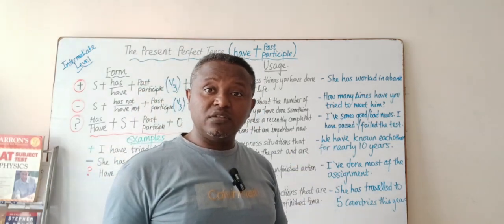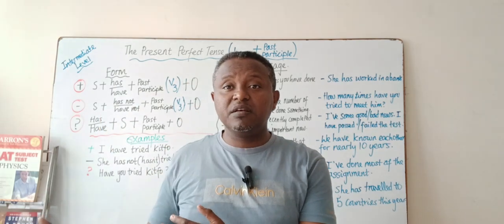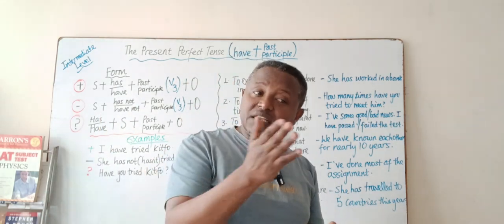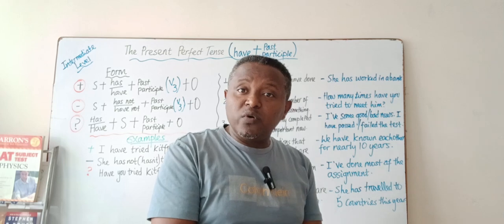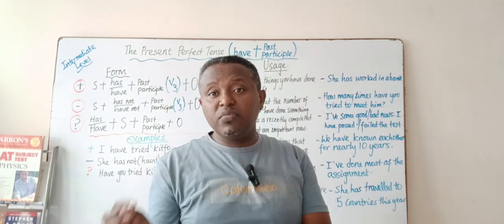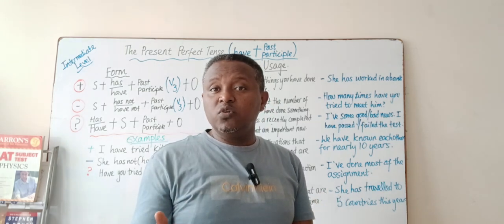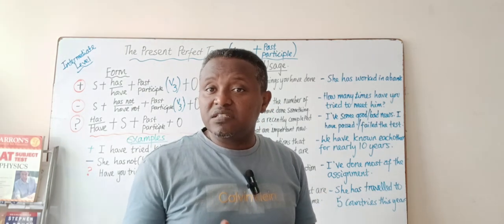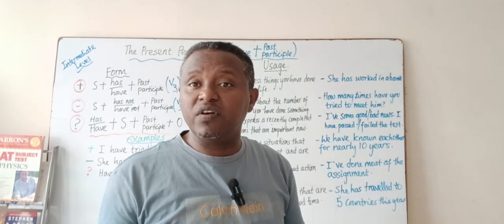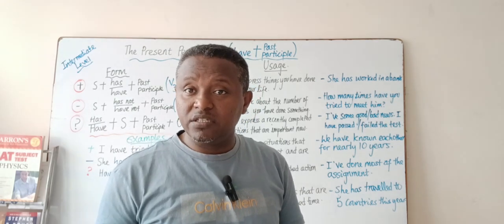To talk about an action or a situation that started in the past, but has a connection with now. It can be a cause and effect. For example, if somebody asks you, let's go out and have some dinner, or let's go and have breakfast or lunch, you can say, I have eaten my lunch, thank you.